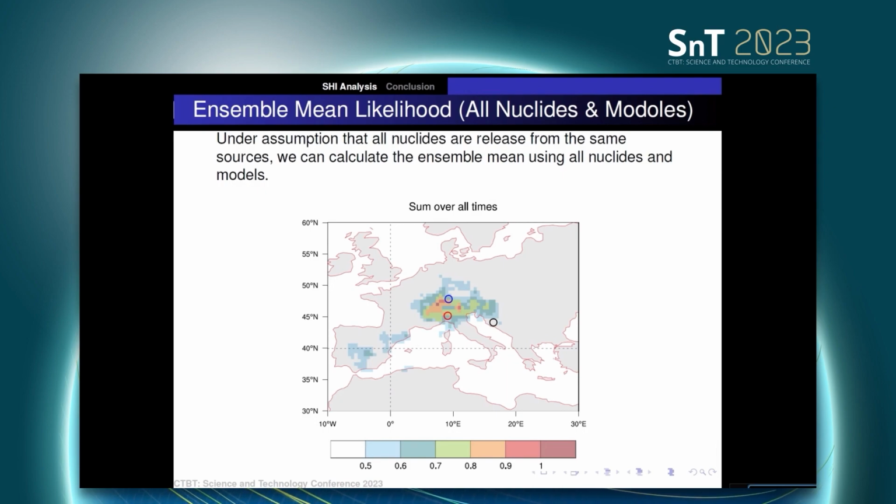The possible source region, or the solution, should be in that region where the reactor is, the red circle, and one of the seismic events, the blue one. The other two seismic events, in black, are outside the region of likelihood function, so we can exclude them. Only these two remain of interest: the reactor location and the north one.